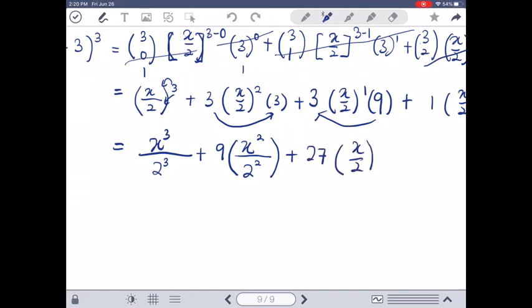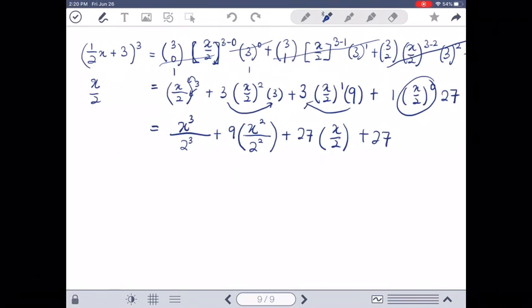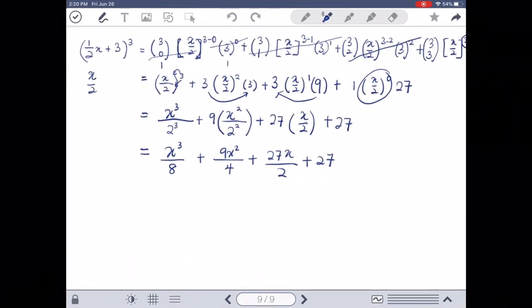So x over 2 plus, anything to the power of 0 is always equals to 1, so plus 27. So x to the power of 3 over 8 plus 9x squared over 4 plus 27x over 2 plus 27.